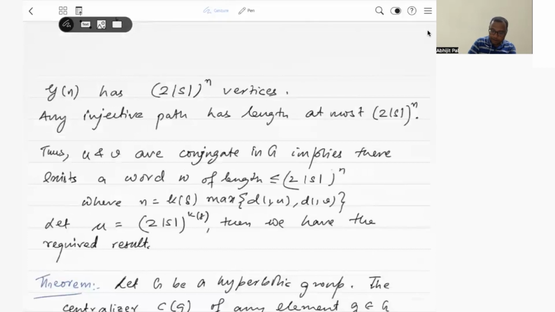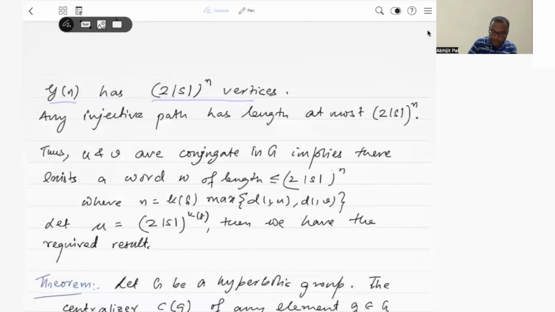And because this is a finite graph, it has at most this number of vertices: 2 times the cardinality of S to the power n. So this graph has this many vertices.